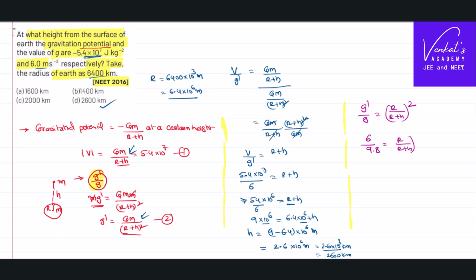So you can solve this way also. Square root of 6 by 9.8 is r by r plus h, and further you can proceed for the calculation, but it becomes a lengthy calculation. To avoid that lengthy calculation, he has given you the value of the potential, right? That is to make your calculation easy and simple. That's how we solve this problem.